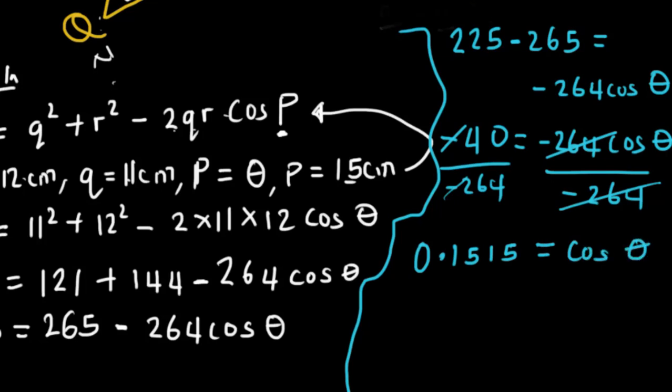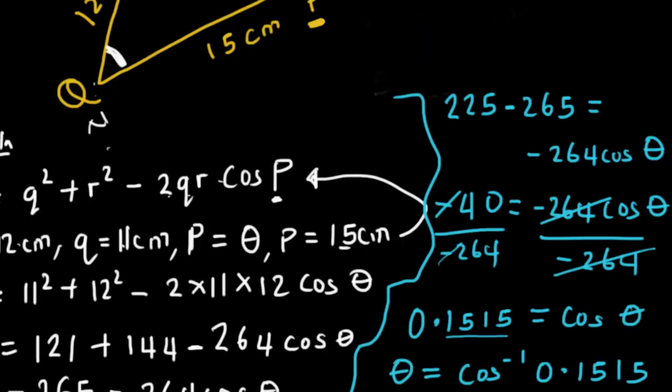Now I need to note that most times we usually take this to 4 decimal places. So note, now we've got 0.1515 equals cos theta. But what we are trying to find is theta, not cos theta. So it's like we divide both sides by cos. That's how it looks. But to find theta, all we need to do is theta equals cos inverse of 0.1515.